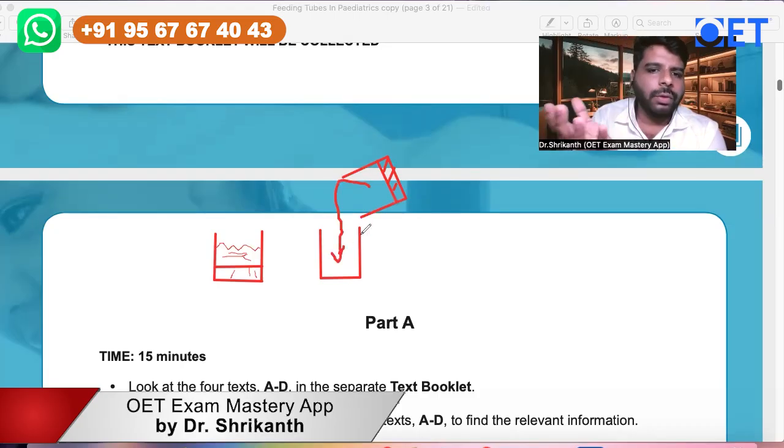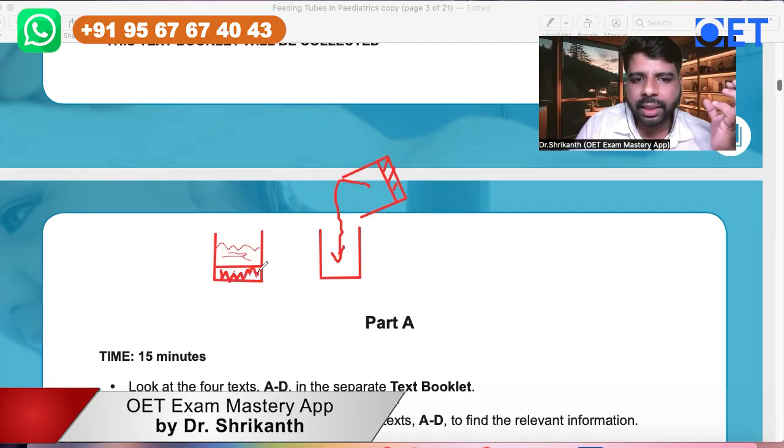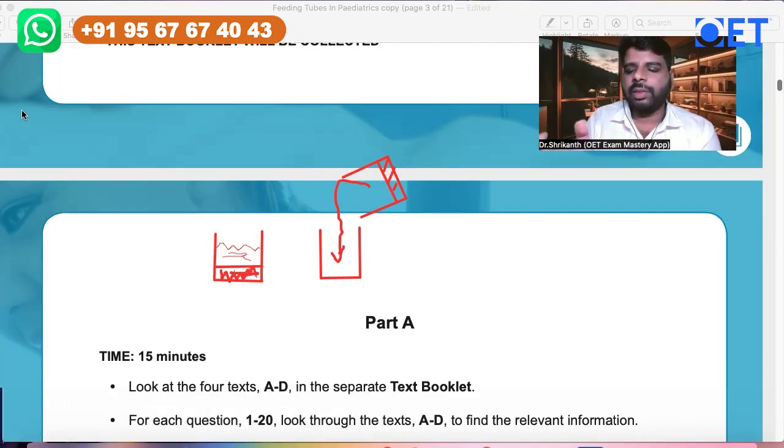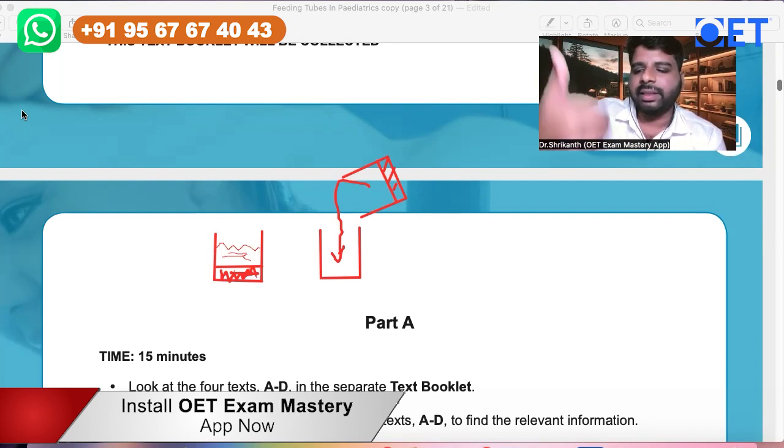This is what we call a decantation. That is, you're trying to separate the residue. So this is the residue. This process where you're trying to separate the residue from the upper layer of that water element, this process is what we call decantation.